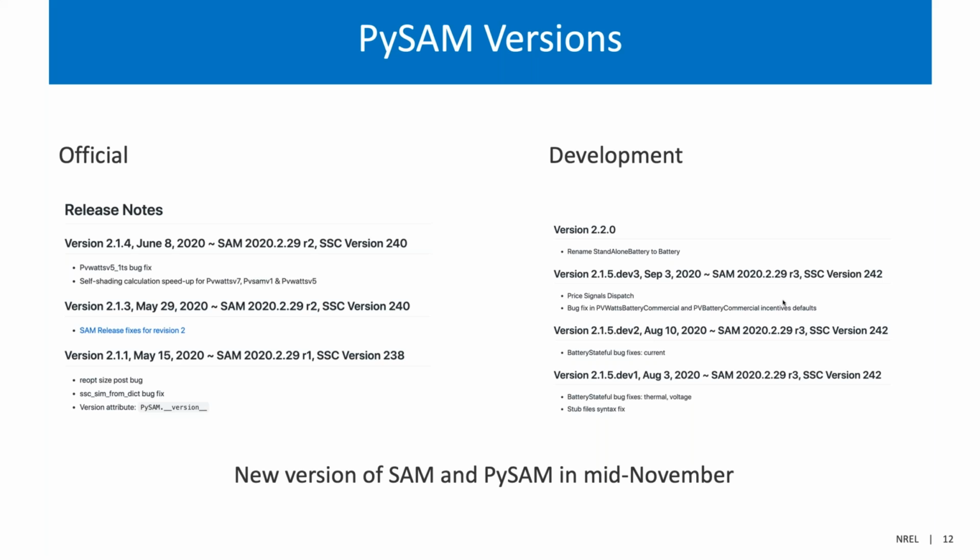The time step can't be less than 1 minute, and I don't know if it can be more than 1 hour. I think there has to be a multiple of 8760 records, so it'd be from 1 minute to 1 hour, for all unit modules except for the development version of PySAM v1, PV-Watts v7, and battery stateful.